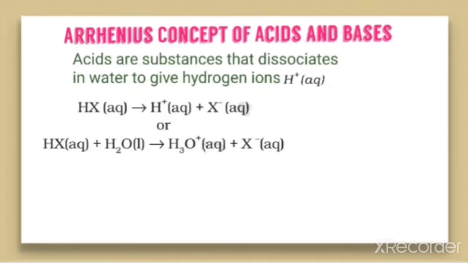Let us take the general equation: HX gives H plus and X negative. Commonly we take an acid as HX, the general representation. In the dissolved state in water, it gives rise to H plus ion and X negative. That means it is dissociating into ions.